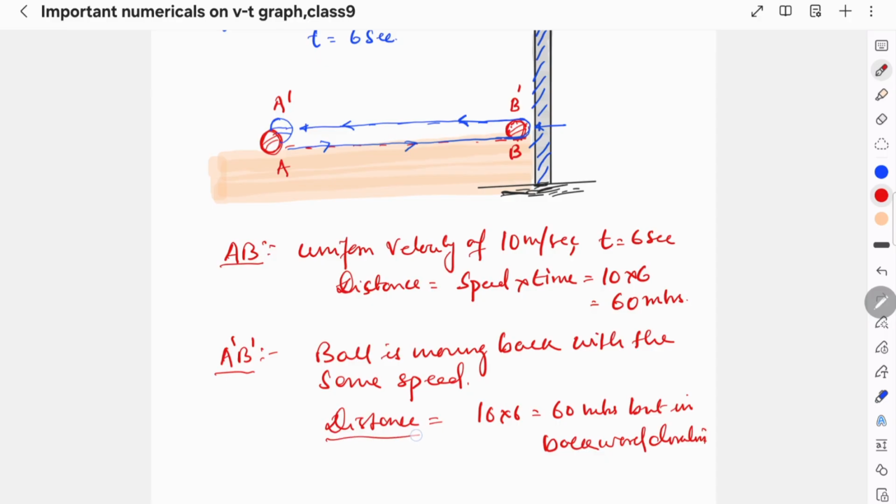Now if we see the displacement, the displacement will be 60 meters and here the displacement will be minus 60 meters because it is coming back. It is traveling this way and this is traveling this way.